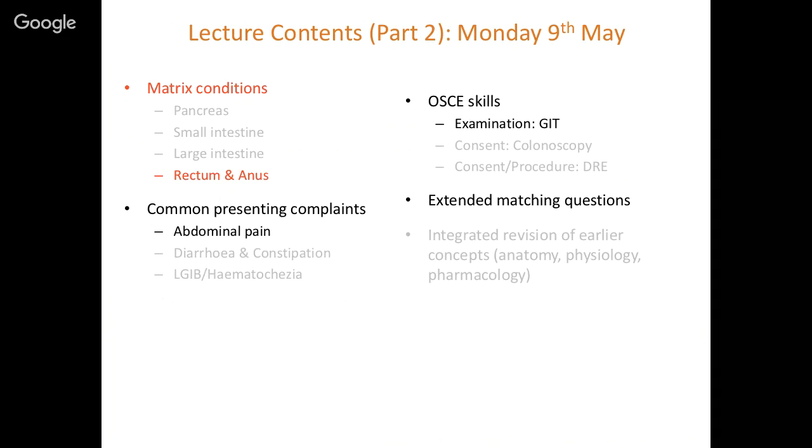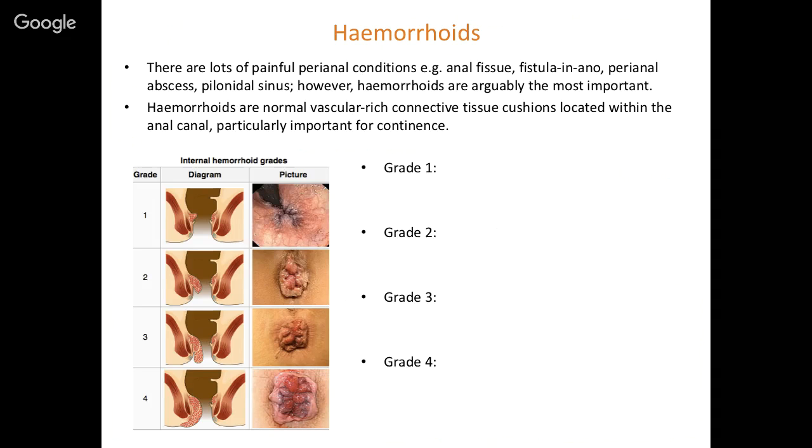The rectum and the anus. Talking about painful perianal conditions, there's lots of them. Hemorrhoids are probably the most important and one of the most common ones you'll see. There's 4 grades. With grade 1, they generally bleed but don't prolapse.